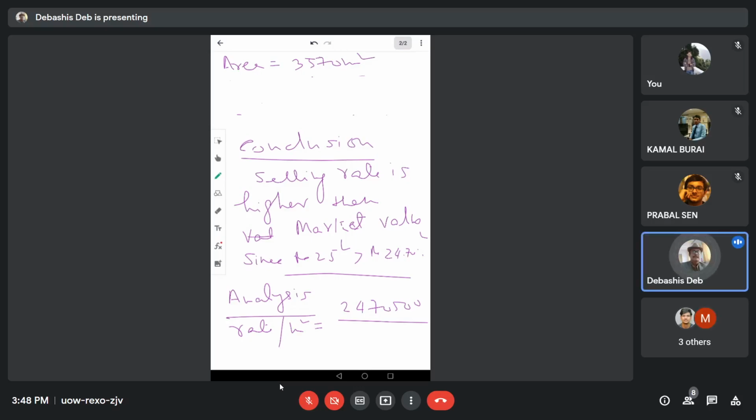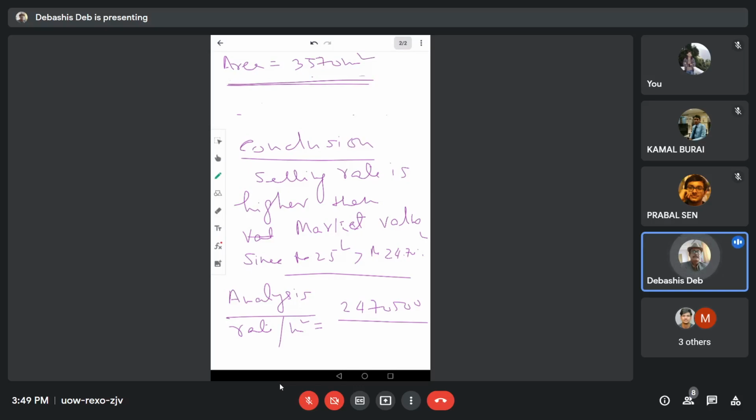What is the area? 3570 square meter. Yeah. Now I advise you to check, already the area has been given in the problem. I've mentioned, just whether our diagram is correct or not, that's why I told you to check.